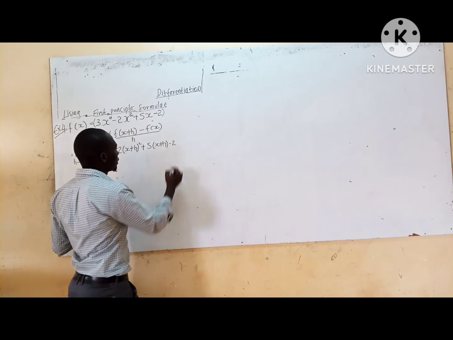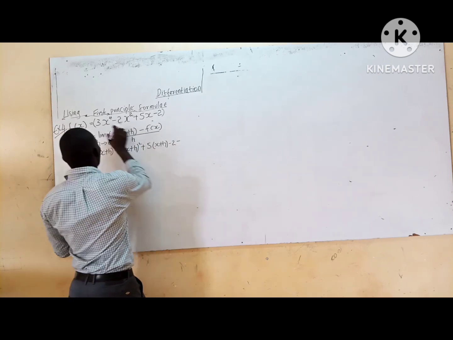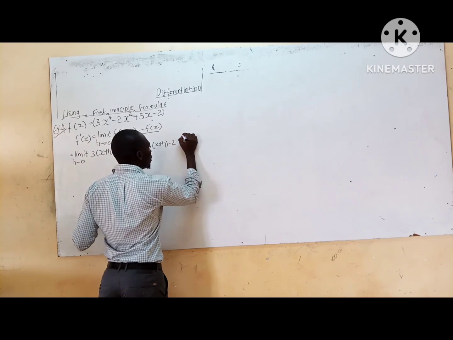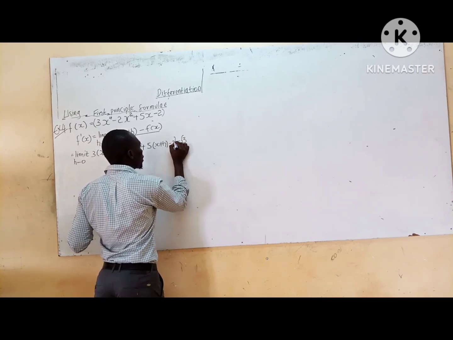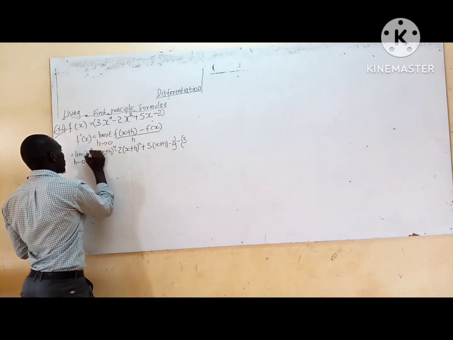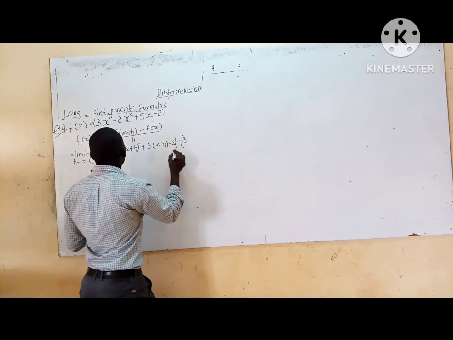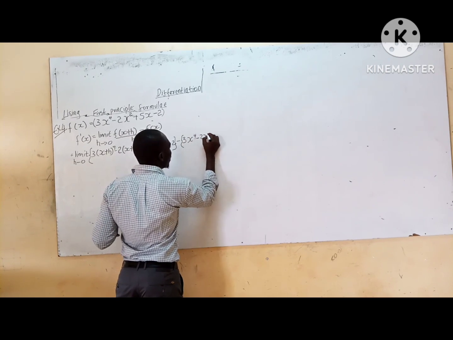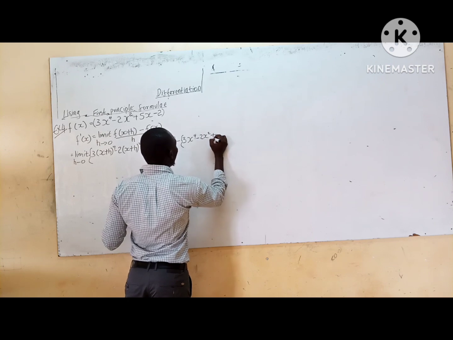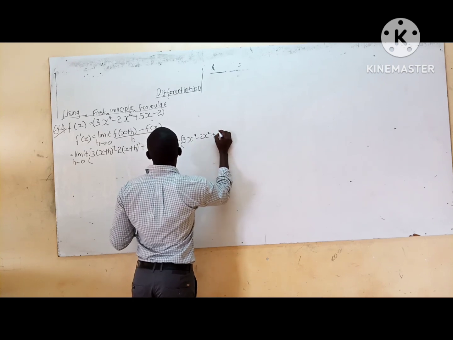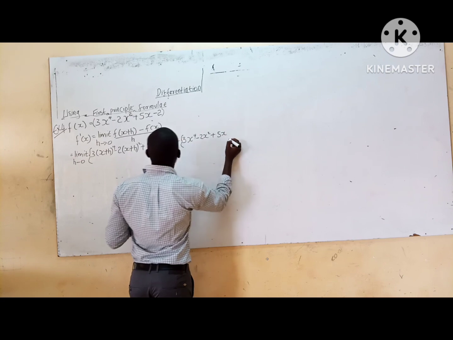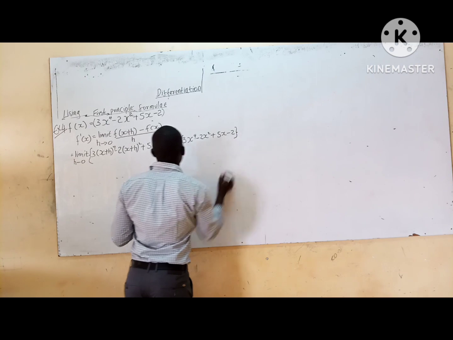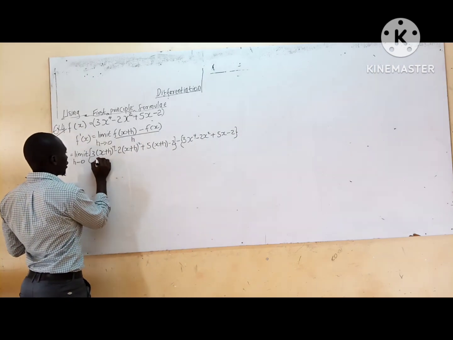Now let us jump to the other side of a function of x, and the function of x is what we have here. We've been given 3. This one is on its own bracket. 3x power 4 minus 2x squared at 2, 5x subtract from 2.